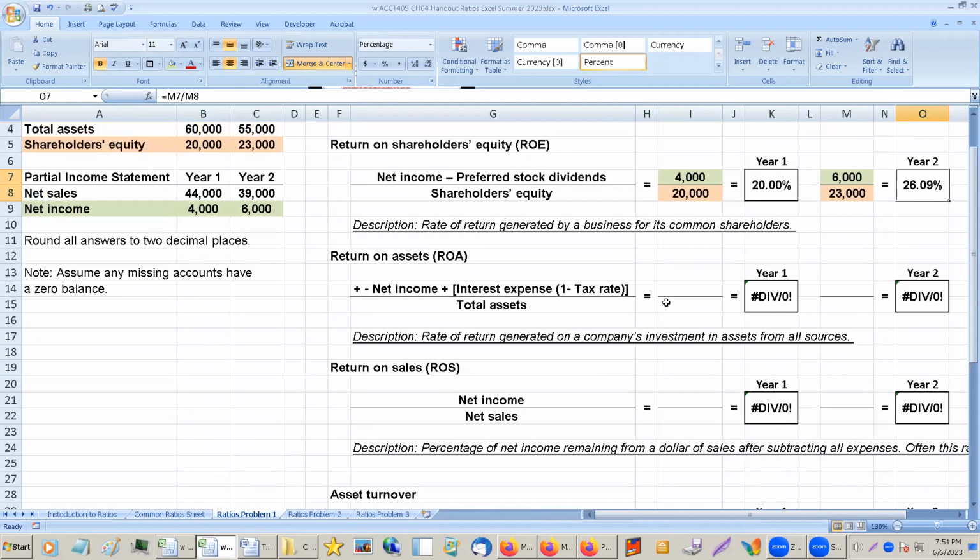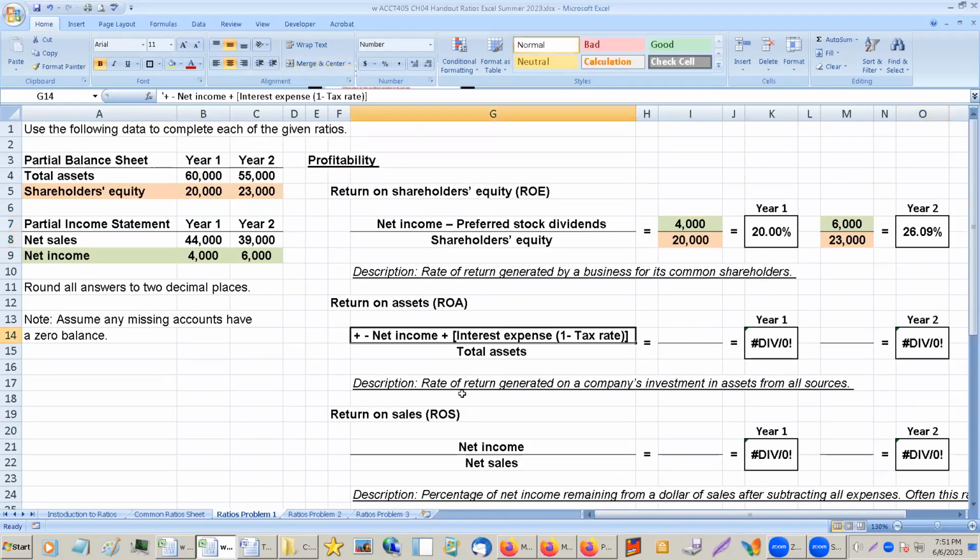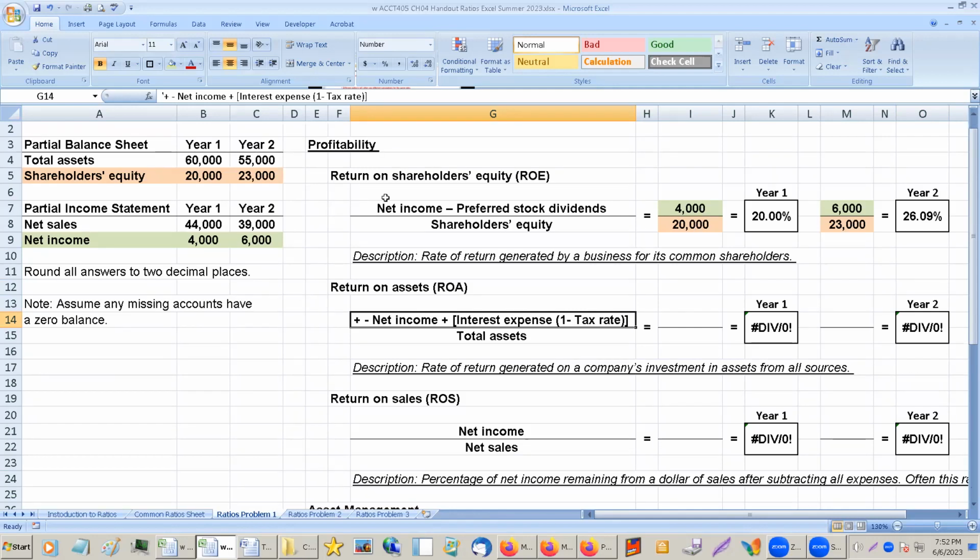Okay, return on assets. Usually you just see this as income, but this author says income plus interest expense times 1 minus the tax rate.